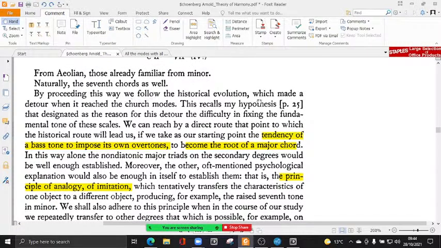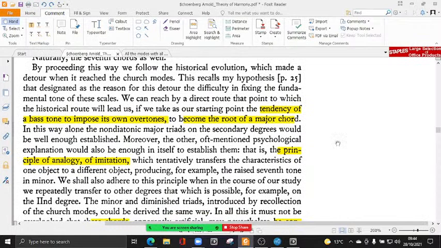By proceeding this way, we follow the historical evolution which made a detour when it reached the church modes. This recalls my hypothesis that designated as the reason for this detour the difficulty in fixing the fundamental tone of these scales. So he has kind of two reasons why, okay, this is his hypothesis.